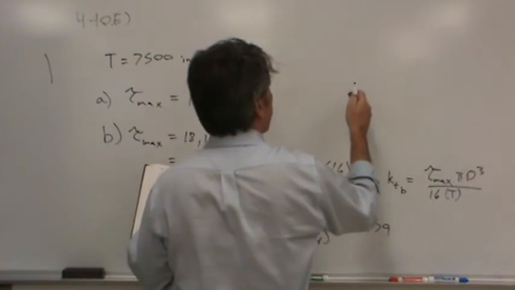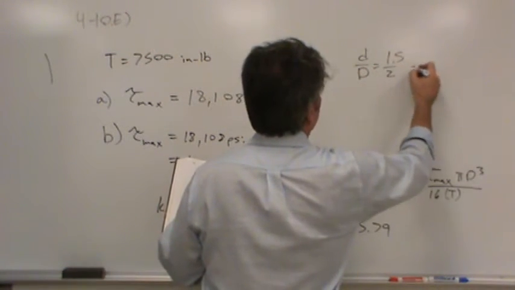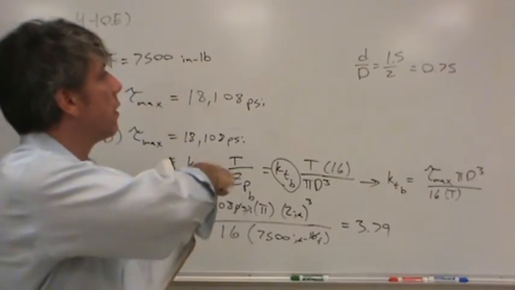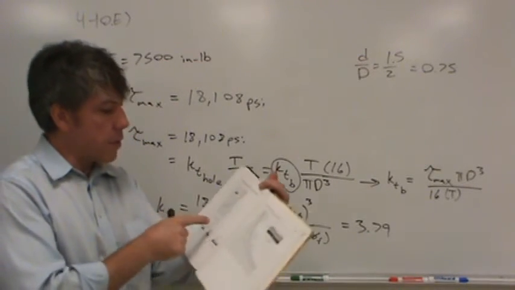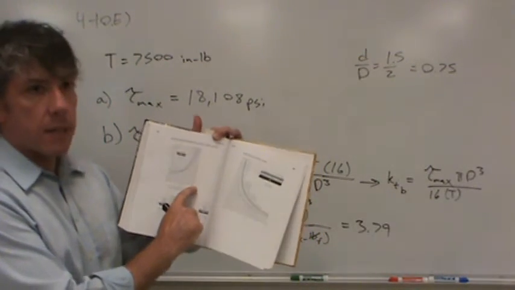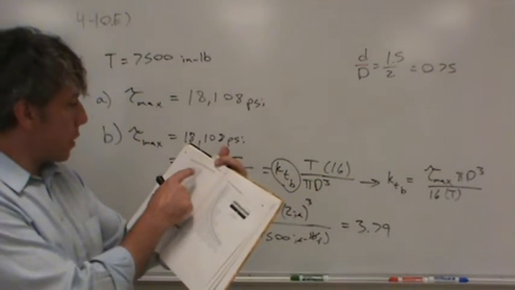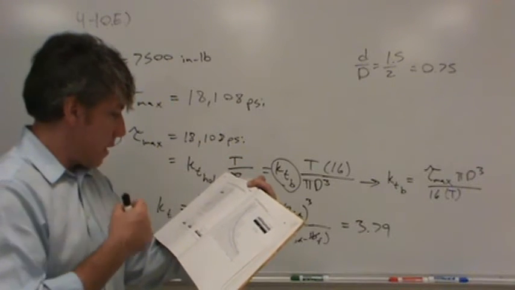The diameter ratio is the smaller diameter to the larger diameter. That's 1.5 inches over 2, which is 0.75 if I'm thinking right. So on the x-axis would be at 0.75, all the way on the right-hand side of this chart, all the way at the limit. And then if we try to go up to curve C, we notice that it doesn't intersect.